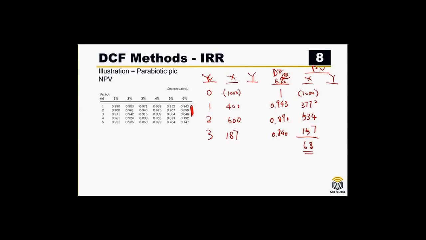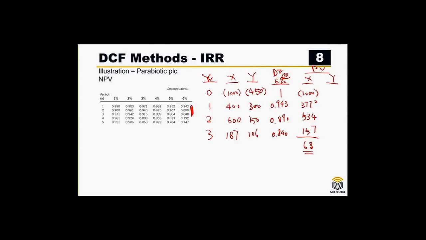And how about Y? The initial investment is 450, and then the first year is 300, 150, and 106.